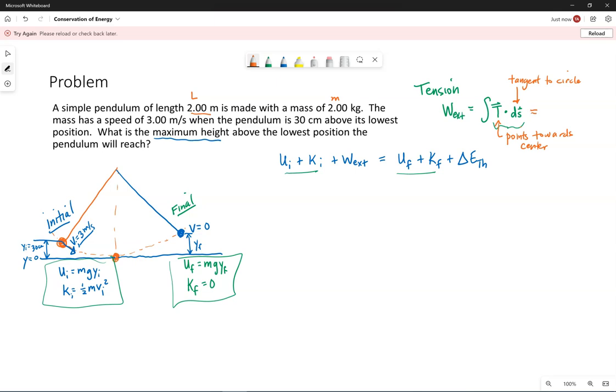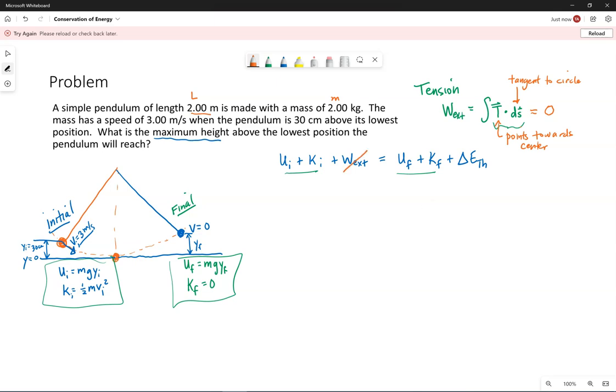So the dot product requires parallel components, but a vector that points towards the center is always perpendicular to the line that's tangent to the circle. So the tension does not do any work. It is not responsible directly for changing the energy. It's causing a change in direction, but not a change in speed.